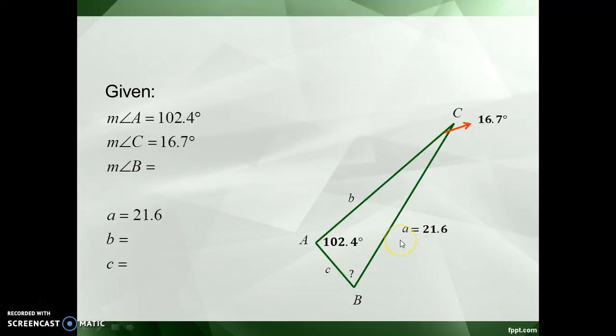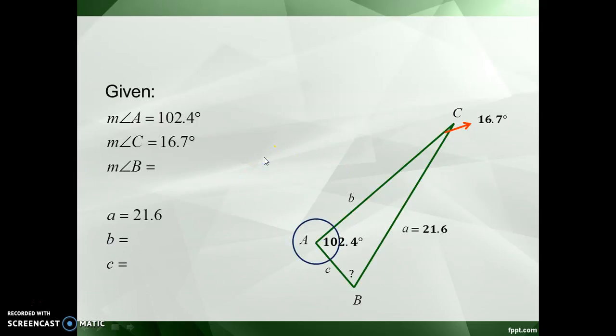Okay, let's have an example. Given that angle A is 102.4 degrees, angle C is equal to 16.7 degrees, and side a measures 21.6. Now, can we use the law of sines here? Let's check it out.